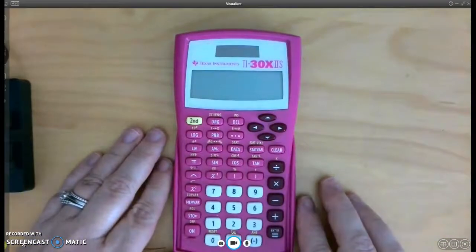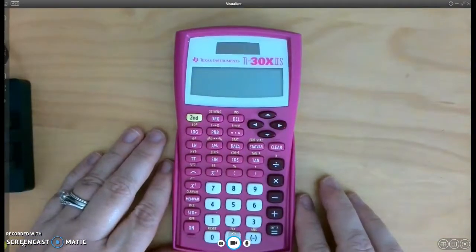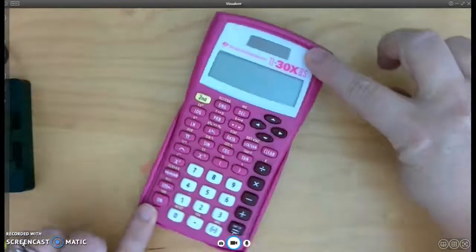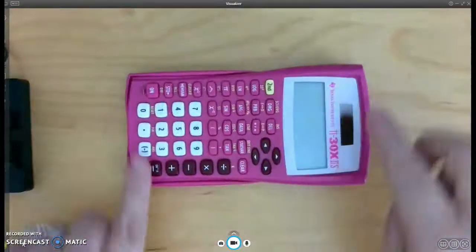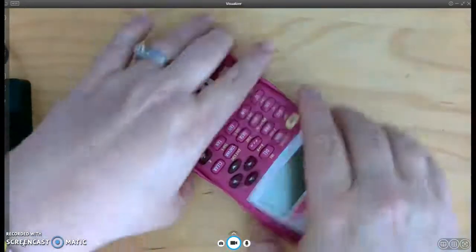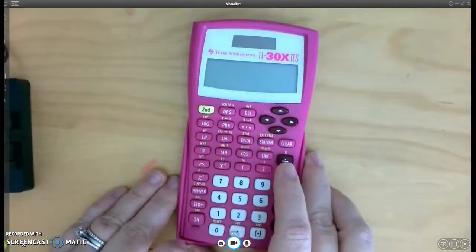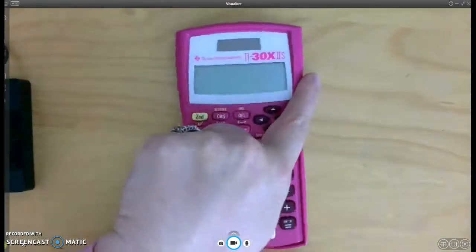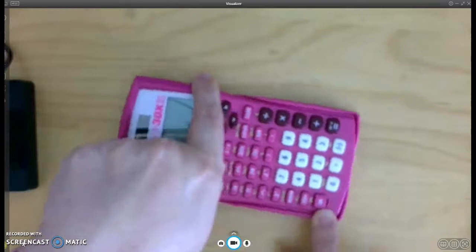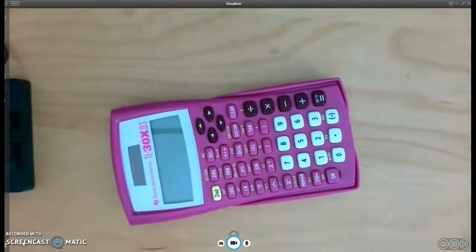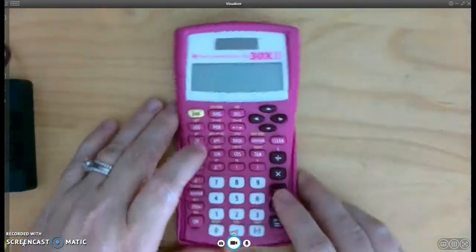If I wanted to rotate this clockwise, I would be rotating it this way, because that's the direction the arms on a clock work, right? If I were to rotate counterclockwise, I would be rotating this way. Notice my calculator is not changing any shape at all. It's not changing size. It's not morphing into something. It's simply turning around in a circle.